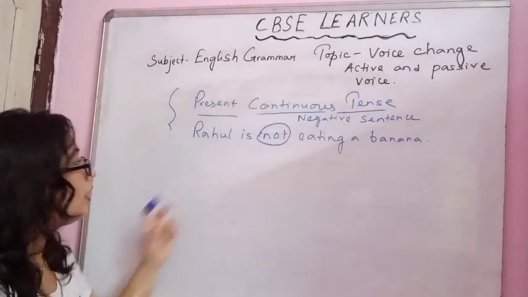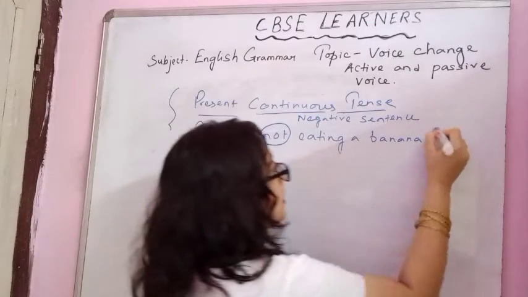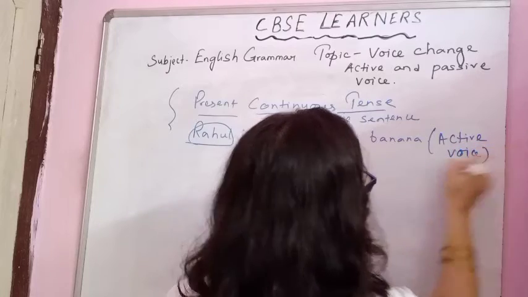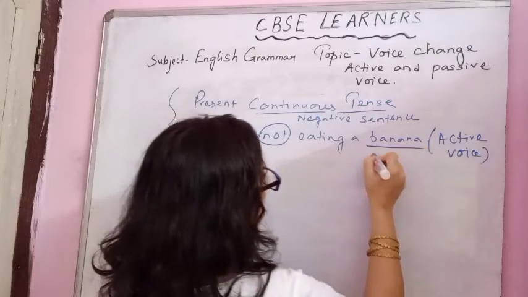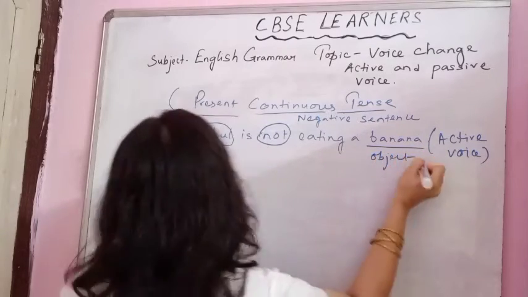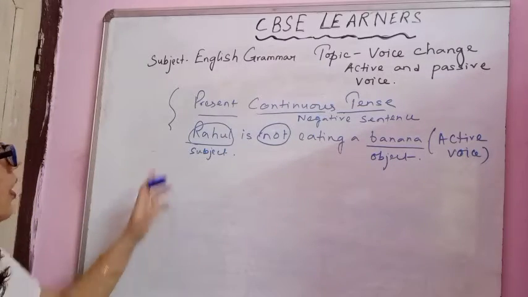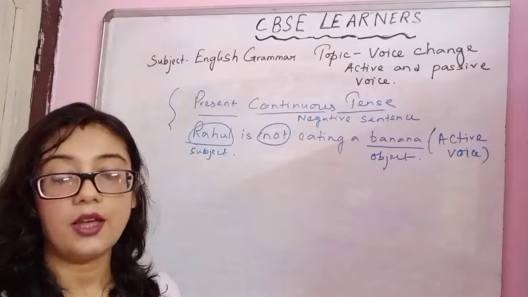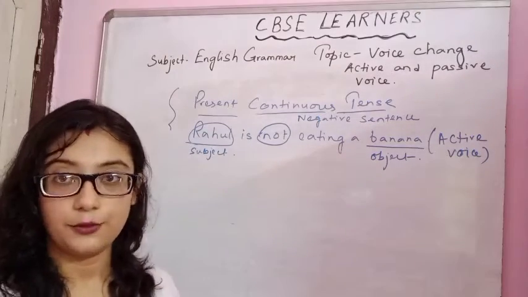Okay. So here we can see the focus is on the subject Rahul, so this is active voice. The sentence is in active voice. This is the subject and banana is the object. Now let's construct the formula first, because as I have said, sometimes you might be asked to convert from passive to active.